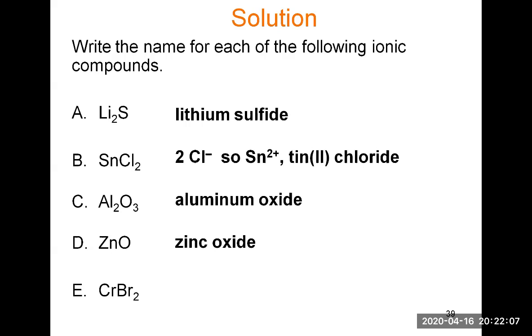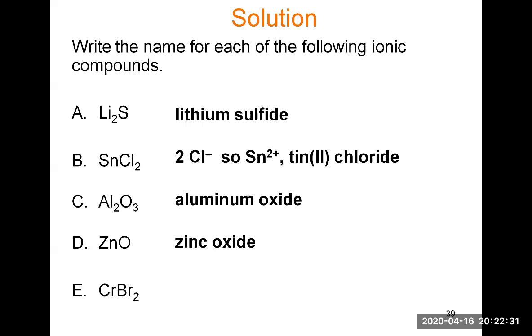We have 2 bromide ions in this formula. So 2 bromide with 1 negative charge each means we have a total of 2 negative charges in the formula. So 2 negative charges need to be cancelled by the positive charges that chromium is carrying, and there is only 1 chromium.